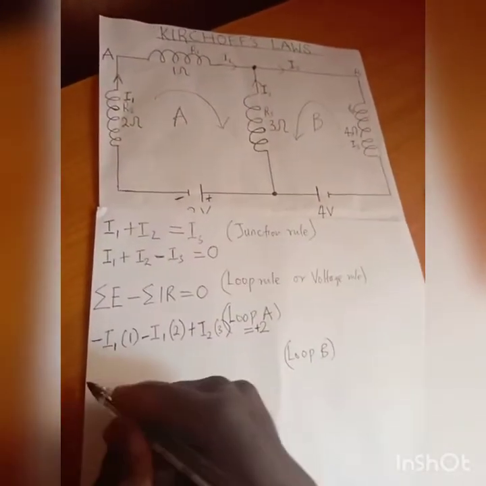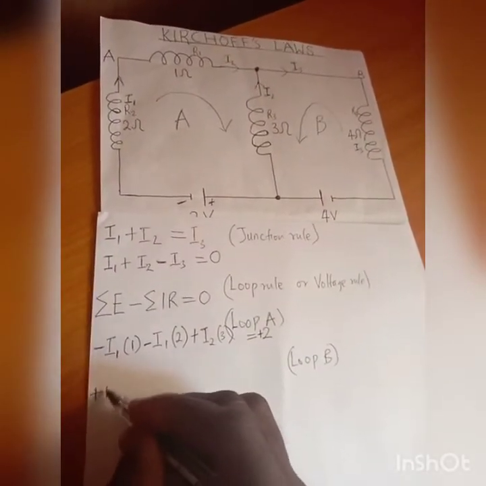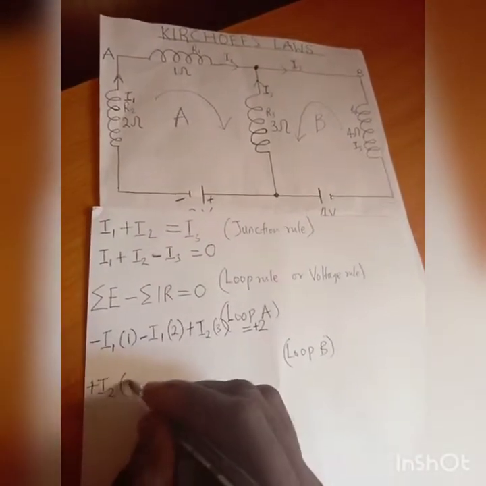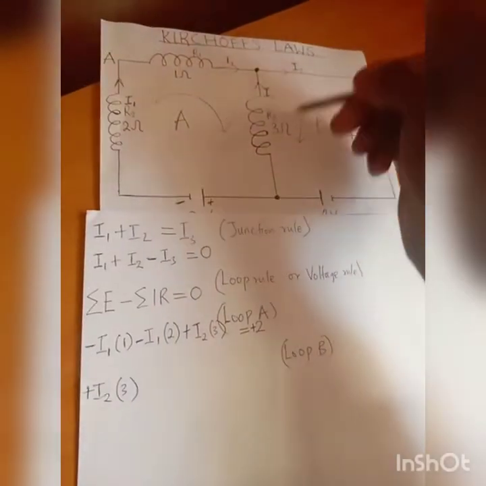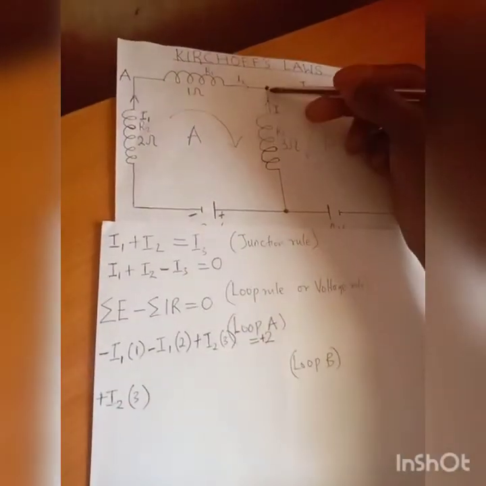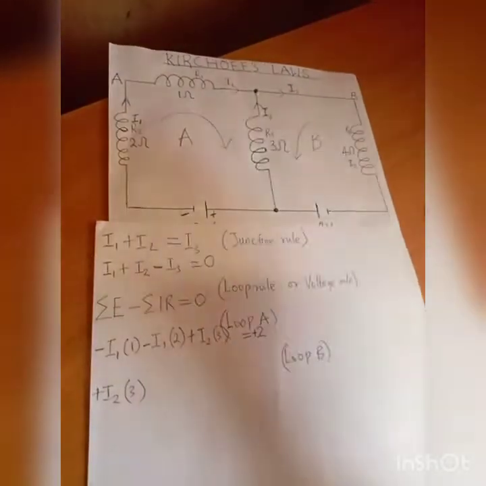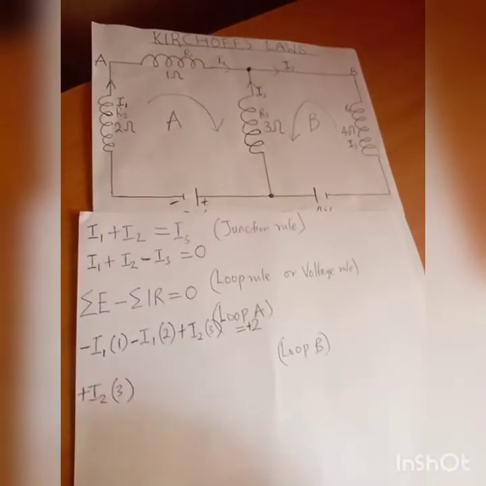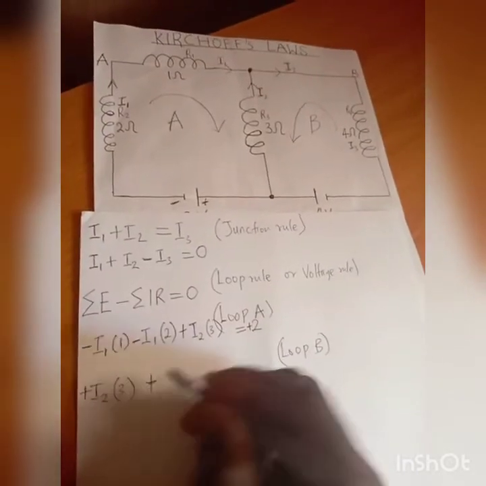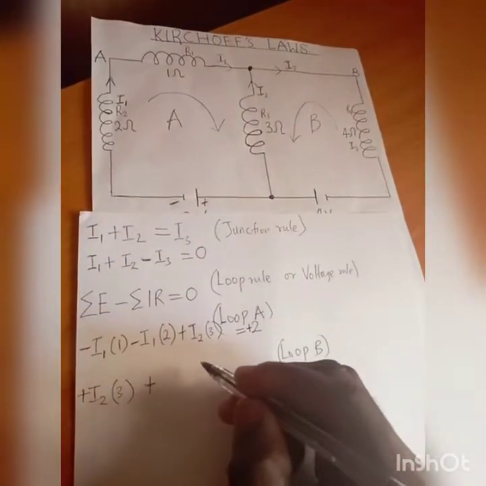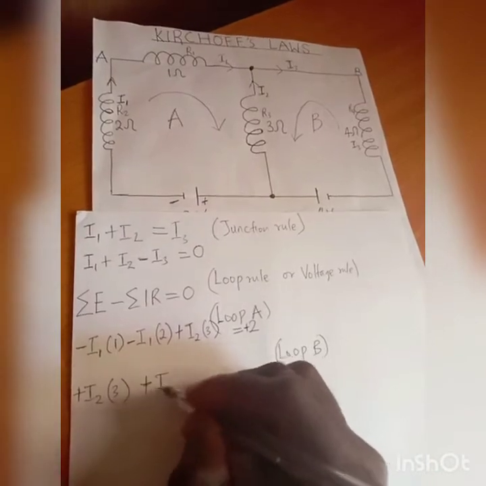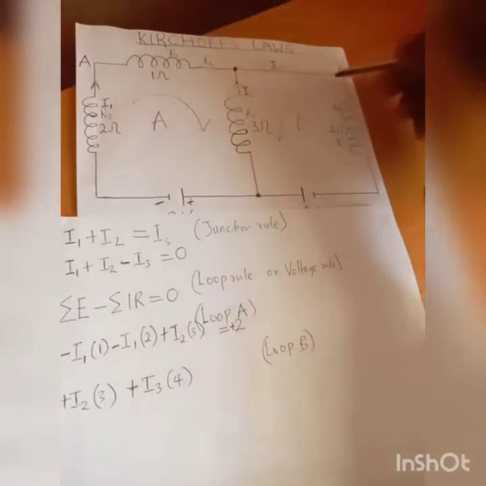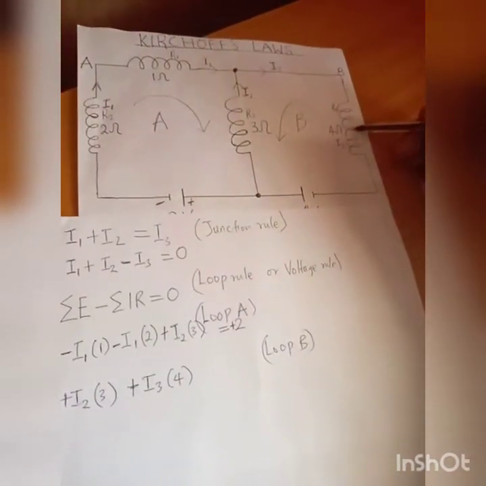So we'll be having plus I2 bracket 3 because they are in opposite direction. This is moving up while this is moving down. Then this and this are in opposite direction also. We say plus I3 bracket 4 because this current you see is owned by this resistor.